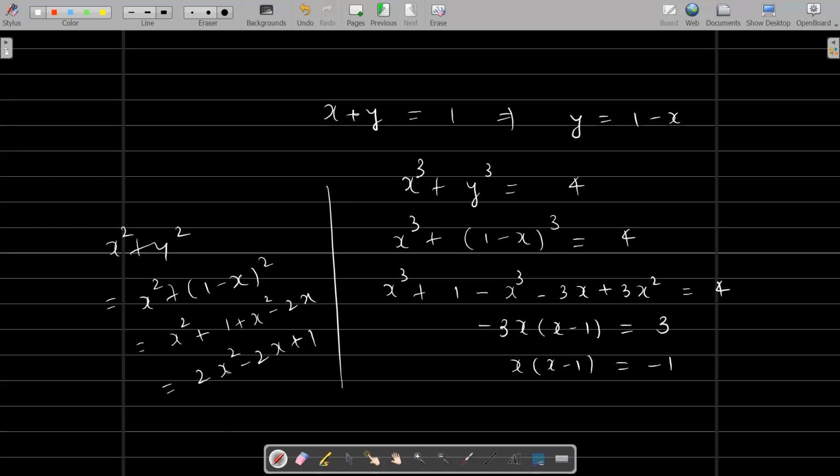Now this 2 times (x square minus x) is basically 2 times minus of minus 1. So this is plus 2 plus 1, right? So that is 3. Okay, shall we go ahead? Yes, sir.